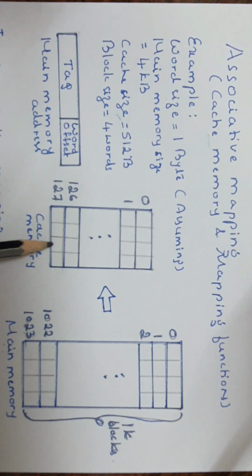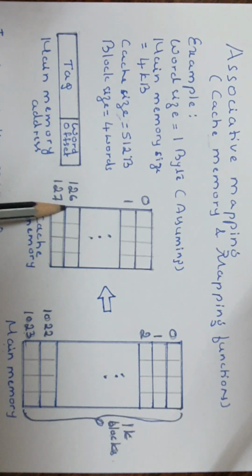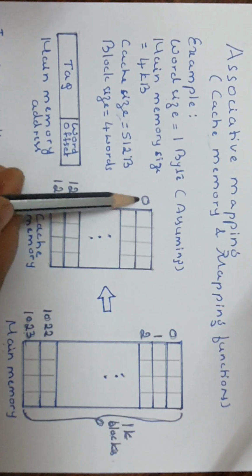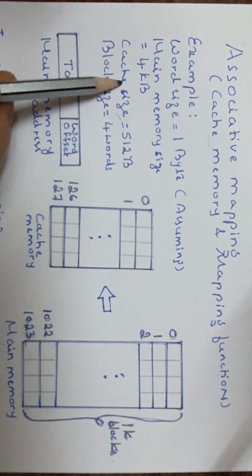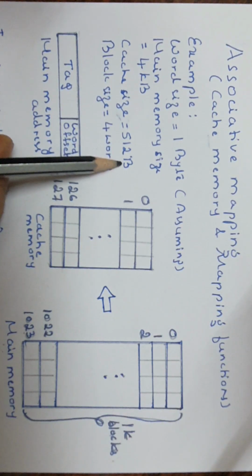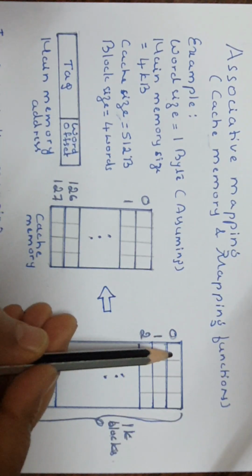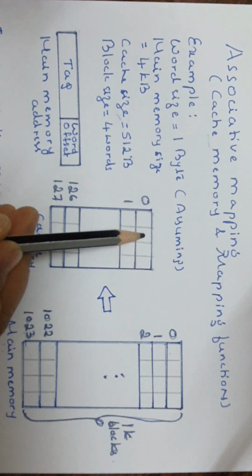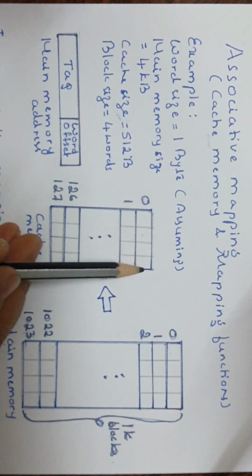And in the cache, here is cache block 0, 1, and the last one is 127. So from block 0 to block 127, how many blocks are there in the cache? 128. Why is it drawn like this? Cache size is 512 bytes and block size is 4 bytes, because the block size in cache will be the same as the block size in main memory.